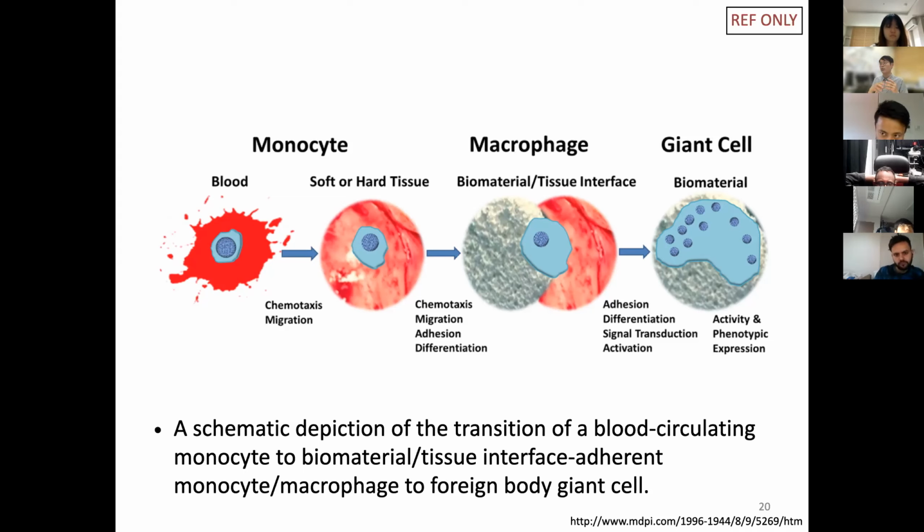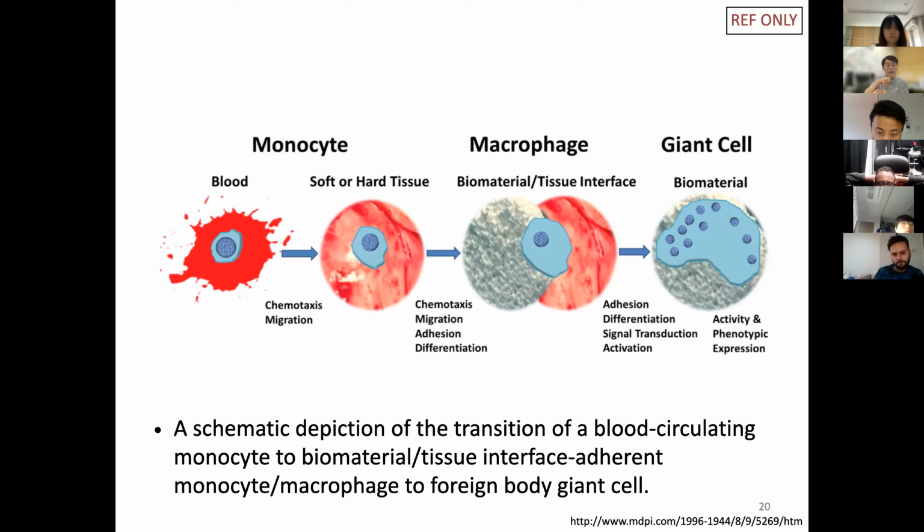When a biomaterial gets inside the body, which could be either soft or hard tissue, that will trigger an immune response by secreting molecules. Hey, there's something going on here. That chemical-driven movement of immune cells, we call chemotaxis. And of course, immune cells will migrate into the site.